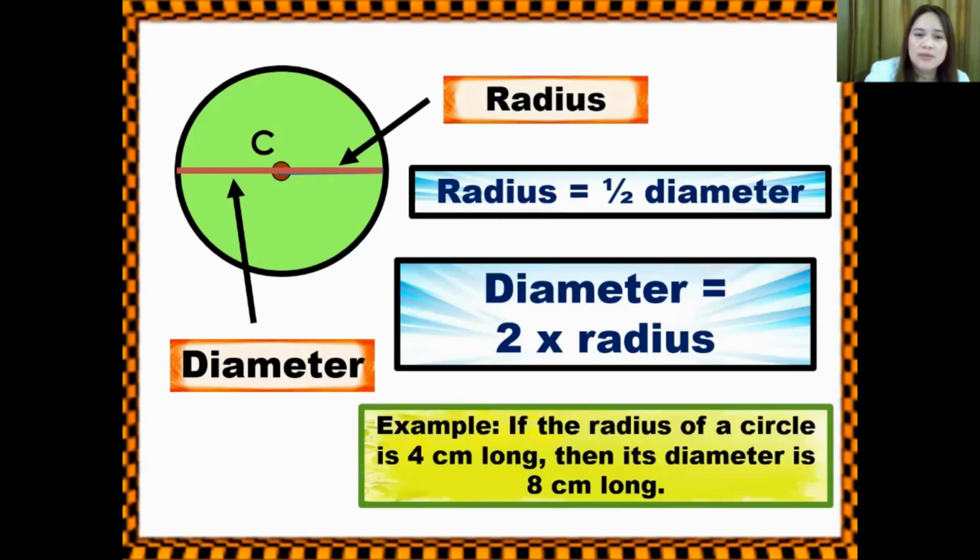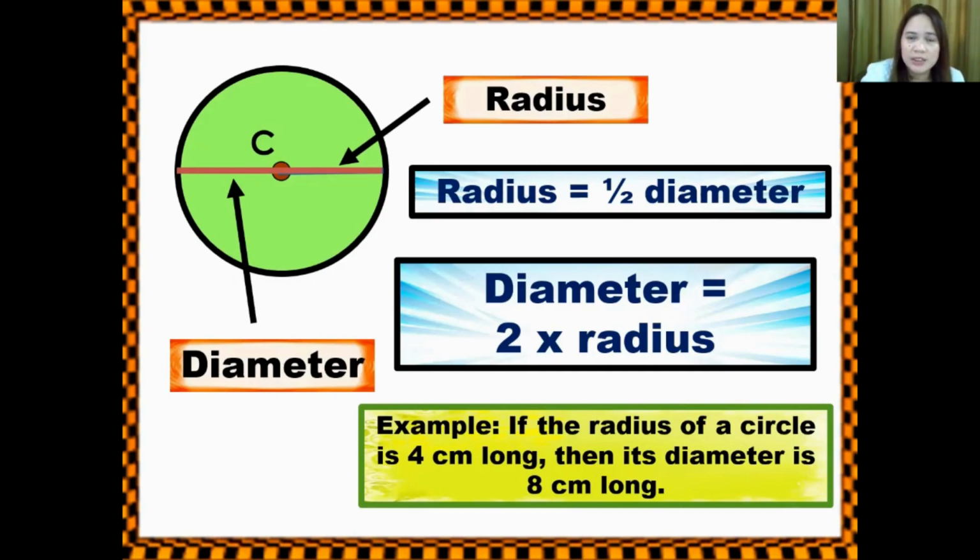So if the radius of a circle is 4 centimeters long, of course, doubling it will give you a diameter that is 8 centimeters long. And if you are given a diameter which is 20 centimeters long, to get the radius, simply divide it by 2. So 20 centimeters divided by 2 will give you 10 centimeters.